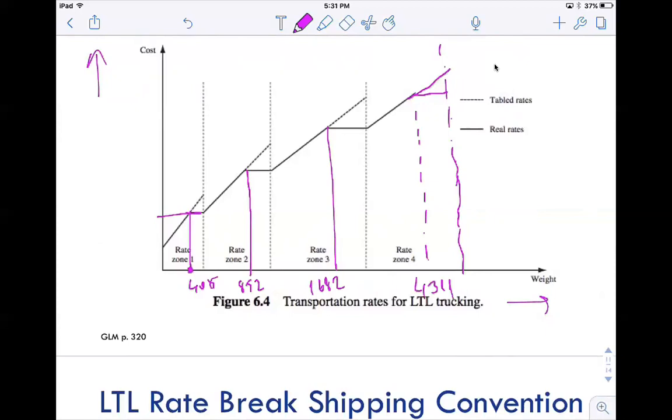All right, so because these categories are going to be 500, 1,000, 2,000, and 5,000, okay? All right, so this is how it looks like.